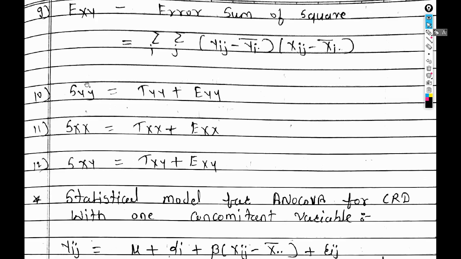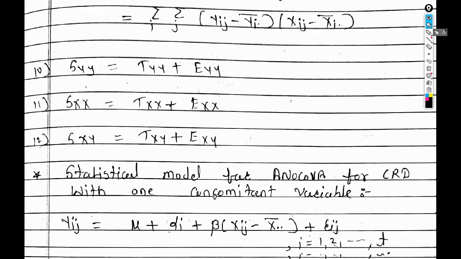So Syy is Tyy plus Eyy. Sxx is Txx plus Exx, that is treatment sum of square due to x plus error sum of square due to x. And Sxy is the total sum of product of x and y, and it is Txy plus Exy. So these are some notations which we use in ANOVA in CRD.